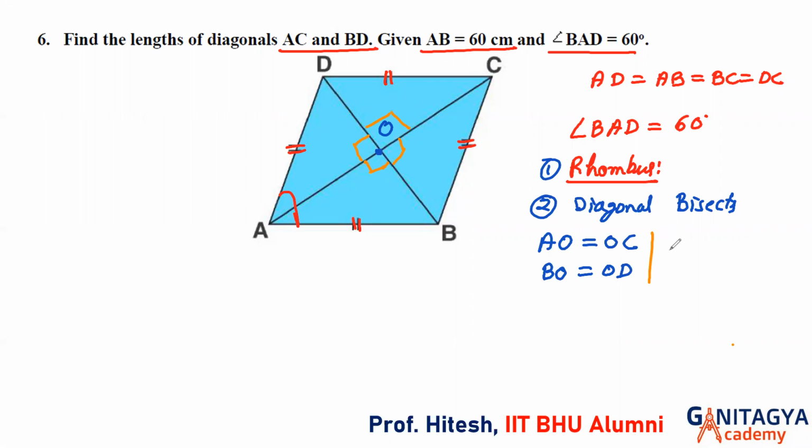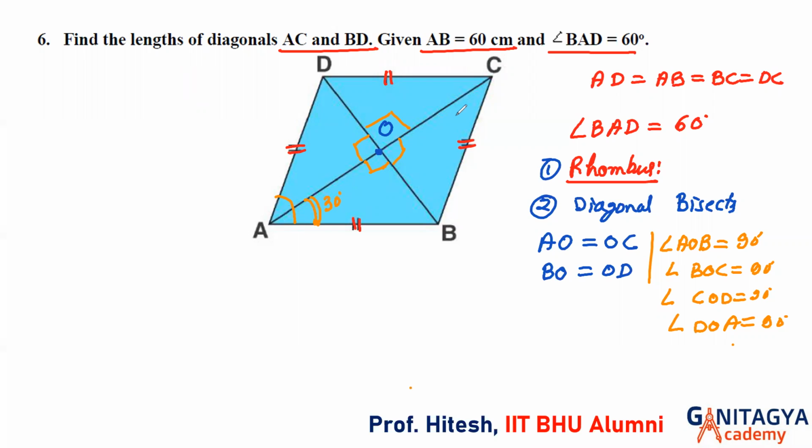So you can write angle AOB is equal to 90, angle BOC 90, angle COD 90, angle DOA 90. Okay, write it down. Okay, so see, yes, at the same time these diagonals also bisect the vertex angles. What does it mean? You know this is 60 degree, so this will be 30 degree.